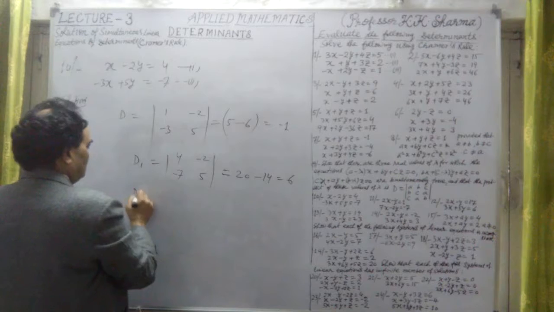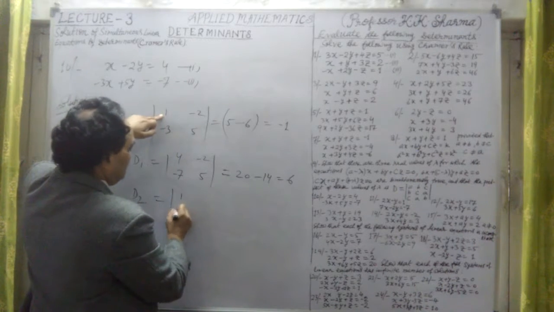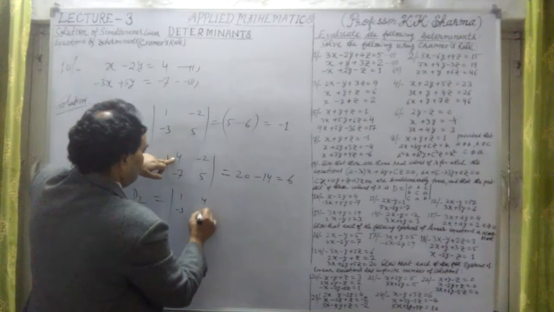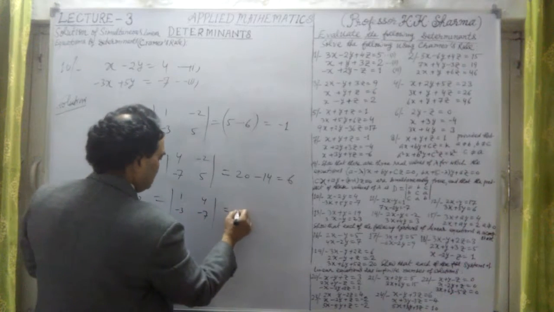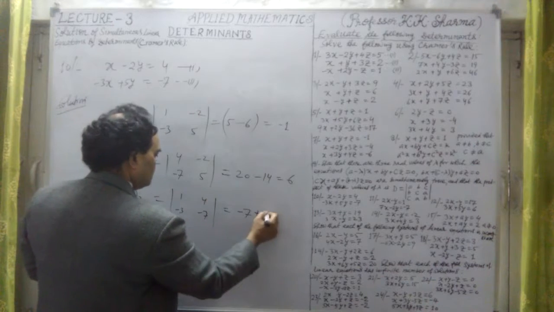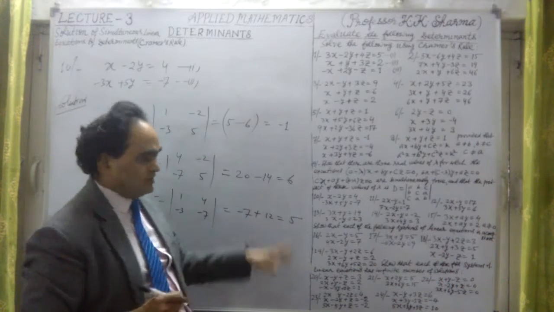And D2 is, now we have to replace the coefficients of y by 4 and minus 7. Equal to minus 7 into 1 is minus 7, plus 12, equal to 5. 12 minus 7 is 5.